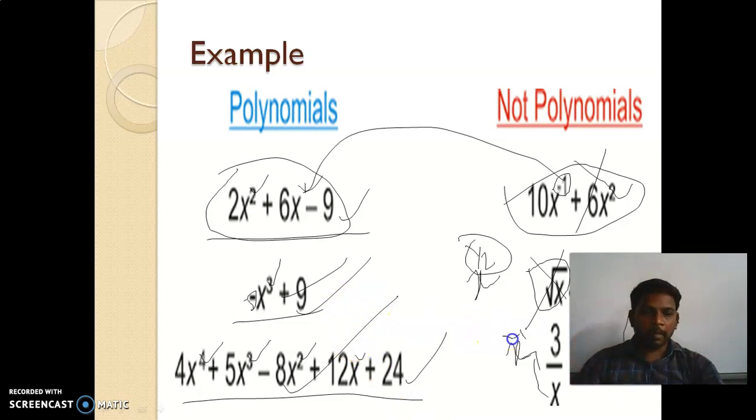Look at the power of the variable now, it is minus 1. It is not a whole number, therefore it is also not a polynomial. Simply we can say that in an expression, if the power of the variable is a whole number, then that expression is said to be a polynomial, otherwise it is not a polynomial.